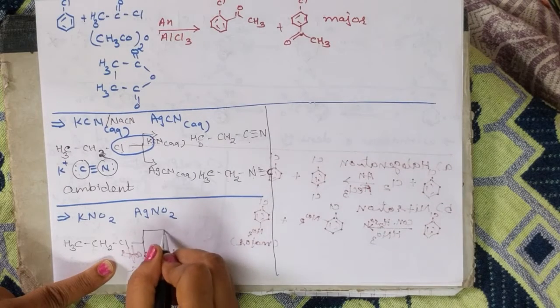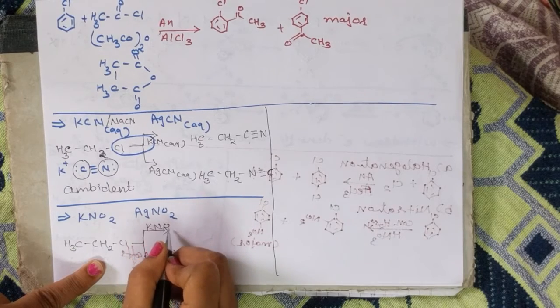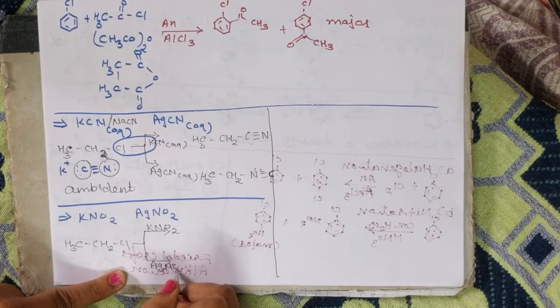What will the product be if we have potassium nitrite and if we have silver nitrite?